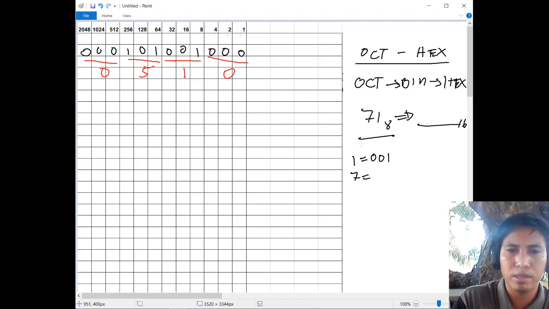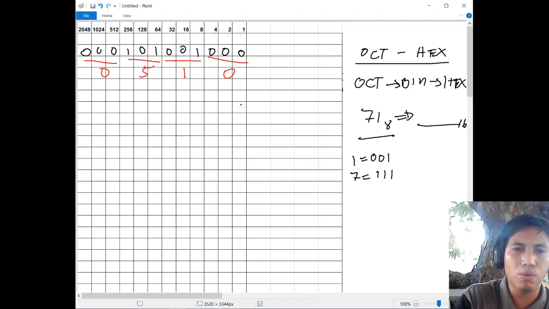So that would be 1, 1, 1. So 0, 0, 1, then 1, 1, 1. So, 71, if we are to write that one, the digit 1 first is 0, 0, 1. Then we have the digit 7, 1, 1, 1.